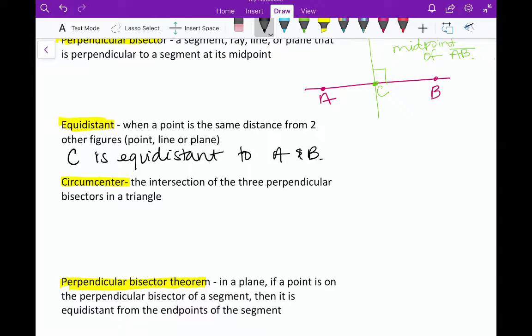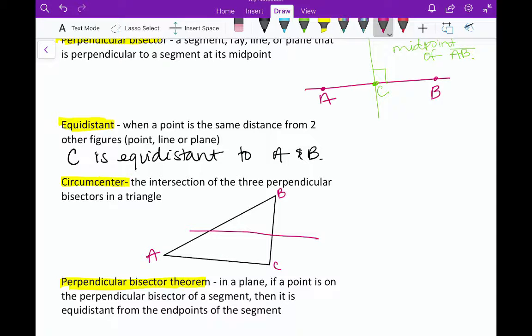All right. Circumcenter is the intersection of the three perpendicular bisectors in a triangle. So in a triangle, you can construct perpendicular bisectors, which we will do in GeoGebra. So I'm just going to do a rough sketch here. I'm going to say that that's the perpendicular bisector of BC.